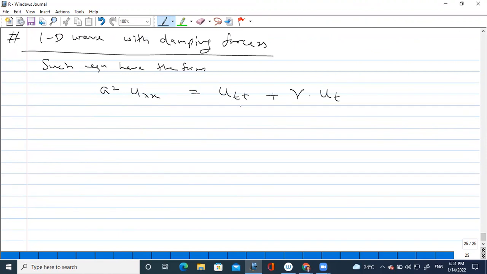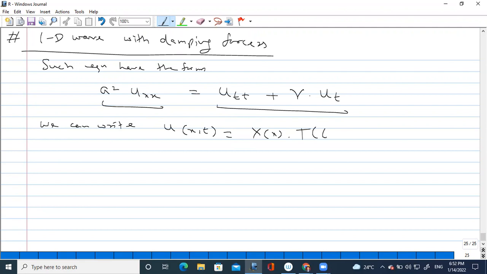So here also, because this side is a function of t and this side is a function of x, we can write u of x,t, which is the meaning of del u by del x square. So u will be written as a pure function of x into a pure function of t. This you have to put in this equation. This is equation number 1.